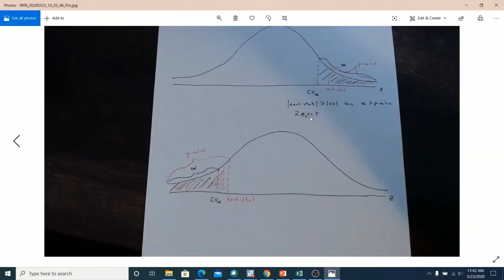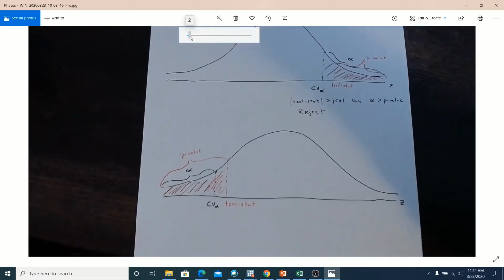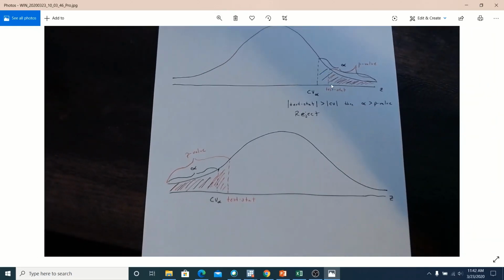My cursor, right? And I think I can zoom in a little bit. So there we go. So notice if I'm looking at these, once I turn my sample mean into a z statistic, whatever z or test statistic I find, the area to the right of it for a right-tailed test, I said that represented my p-value.